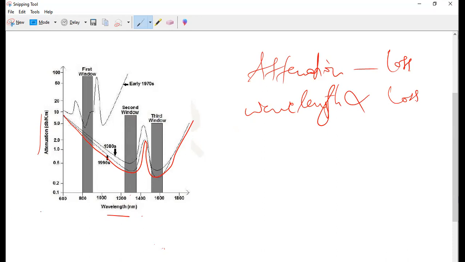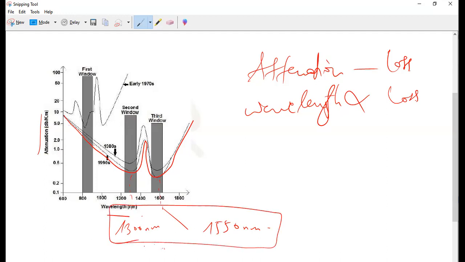The attenuation is low at this corresponding wavelength, 1.3 to 1.5 micrometers. So if you want efficient communication with minimal loss, the light you use for transmission should have this range of wavelengths.